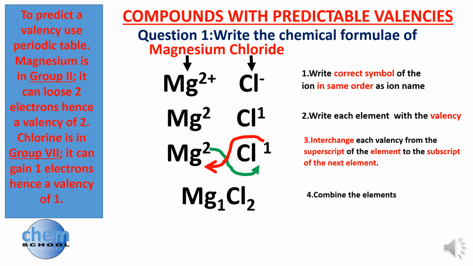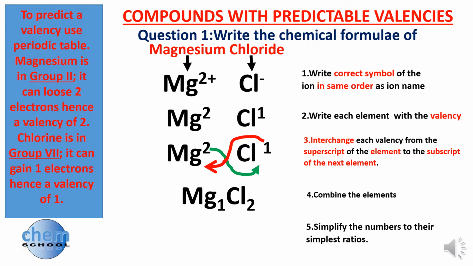After combining the elements, then simplify their ratios. After simplifying their ratios, in this case, 1 and 2 are simple ratios, therefore we cannot simplify them further. But we will notice that magnesium has 1, meaning that the magnesium is a single atom.